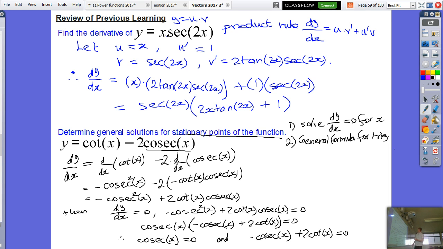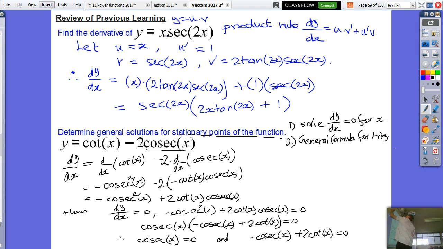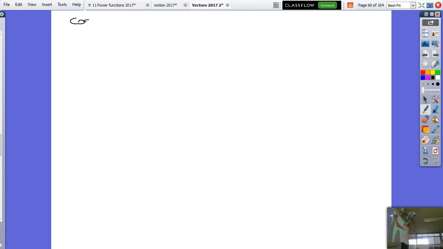Now, how am I going to expand this? All right, so the first part, let's look at cosec x equal to 0. Now what's cosec by definition the same as? 1 on sine. Good.